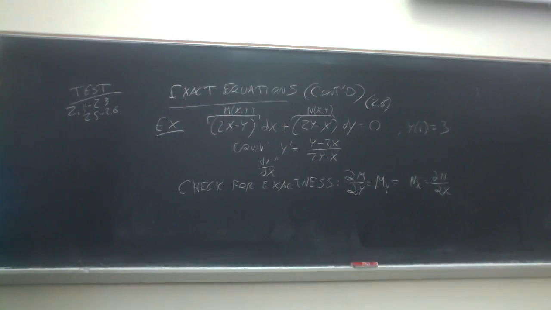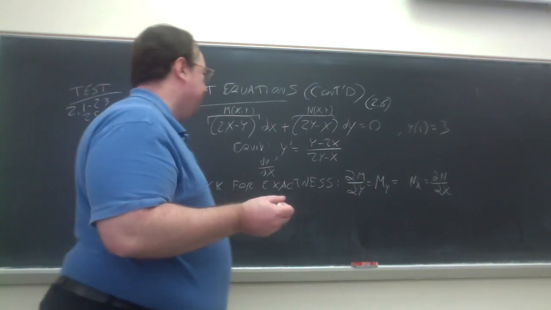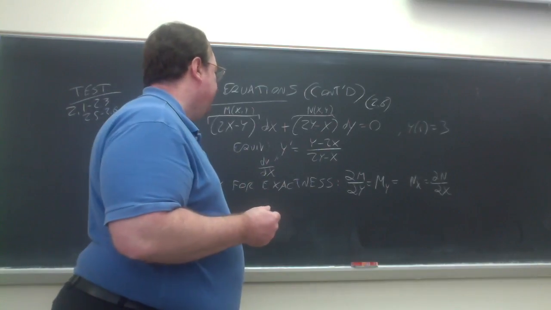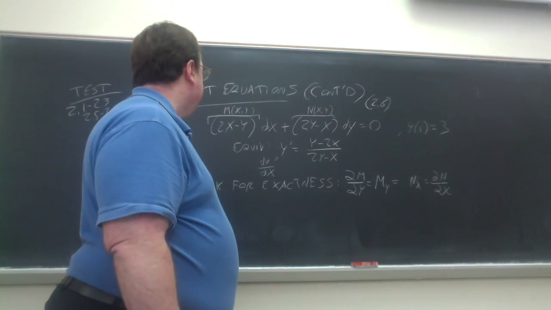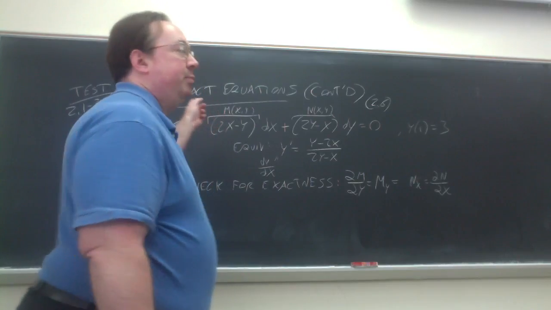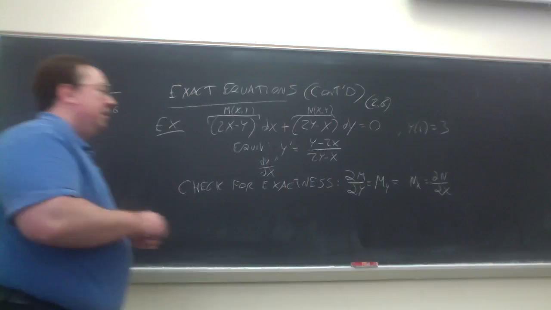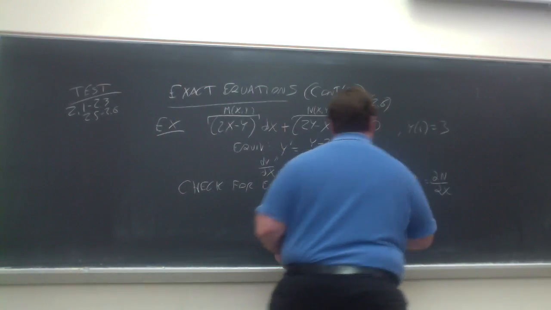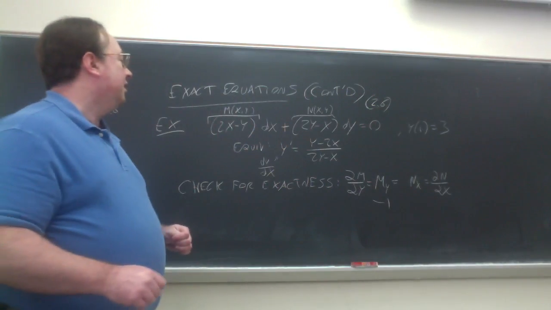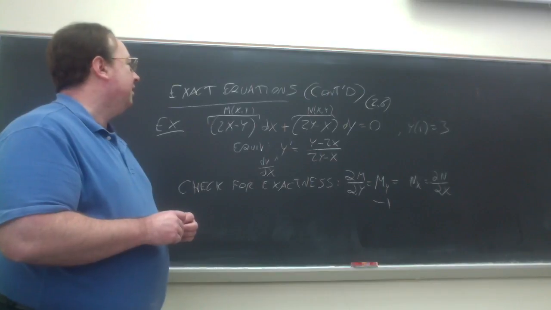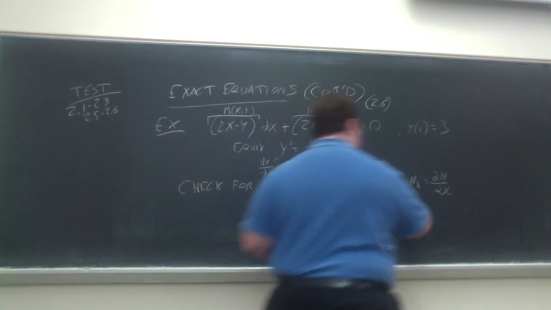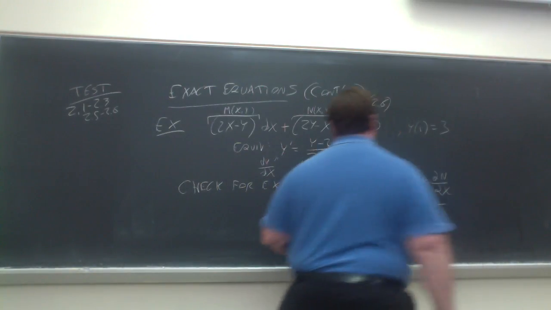I'm using both notations, I don't care which one you use, but I want you to be accustomed to both. So, what do we have for derivative of M with respect to y? Yeah. And then N sub x, also negative 1. Yeah. So this one checks out, it's exact.